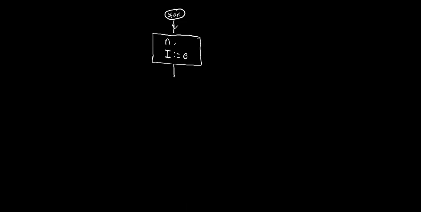Then we move down. In our condition we say: is I less than or equal to n? If that's a yes, inside our input/output box we say print I, just printing out I there.